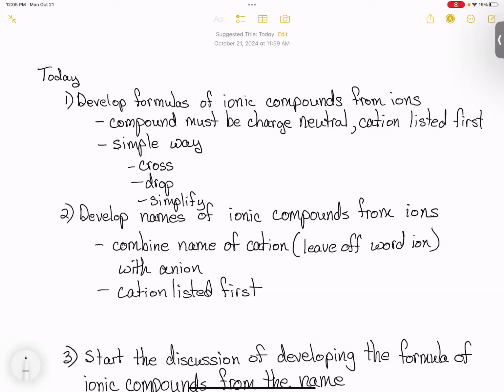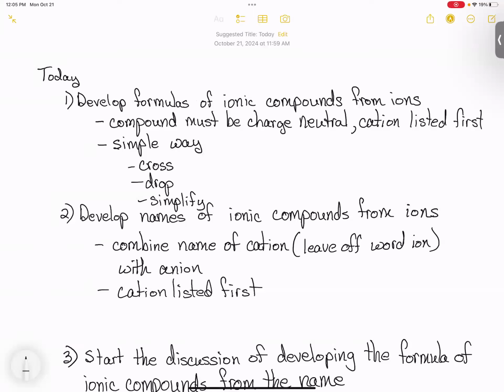Now, I'm going to give you 2 things. Number 1, when I start getting into these formations of ionic compound formulas from the ions, one of the things I'm going to do is illustrate it and expand on what's going on.